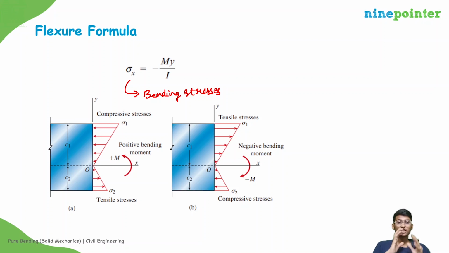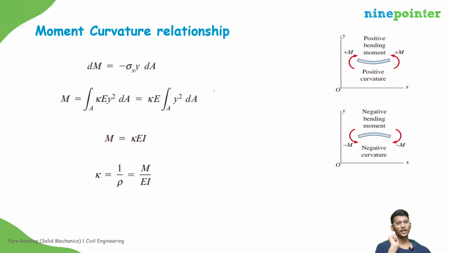So the net moment created by these normal stresses should be equal to the bending moment, which is the cause for these normal stresses, right? So the net moment created by the bending stresses is given by sigma x into dA, which is the force.